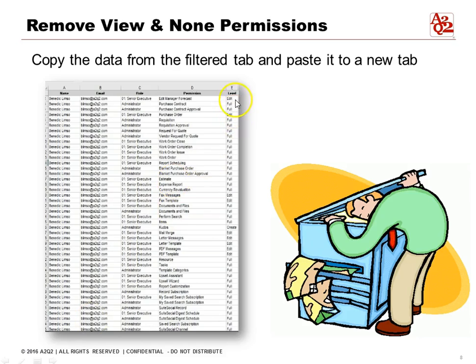And so if you look on here, you can see the permission in column D and then the permission level in column E, and it tells you whether it's full, edit, or create. And so that's how we filter. We export the report out of NetSuite into Excel, and we filter so that we only zero in on the permissions that could cause us problems.